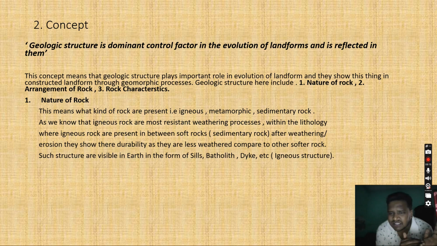A dike is an igneous structure that has a discordant relationship with the sedimentary beds, but a sill is an igneous structure that has a concordant relationship with the sedimentary beds, or strata of the rock.